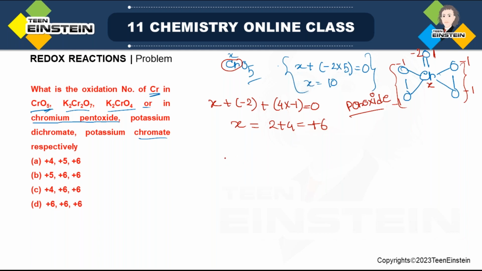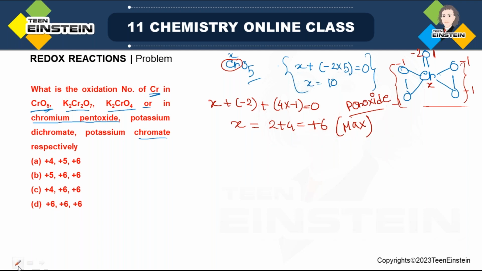If you did otherwise, we would have to bring a noble gas configuration, which is not possible. This is the max oxidation state for chromium. Another, +3, is also observed, but in this case it is the maximum. But only if you consider this structure, you can find the answer.